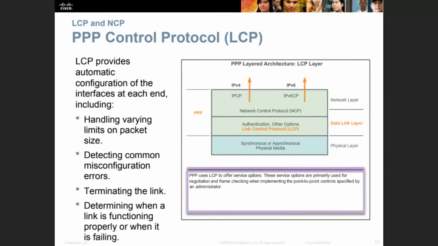LCP provides automatic configuration of the interfaces at each end, such as handling varying limit on packet size, detecting common misconfiguration errors, terminating the link, determining when a link is functioning properly or when it is failing. This is all done by LCP.